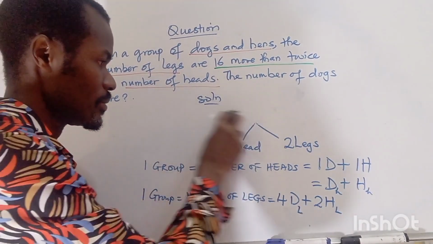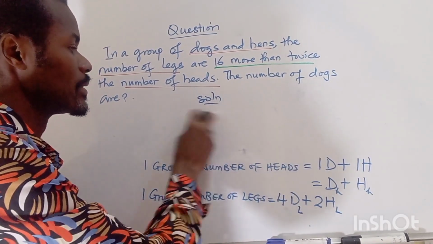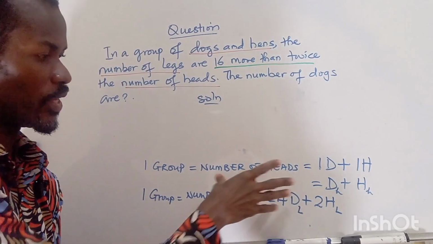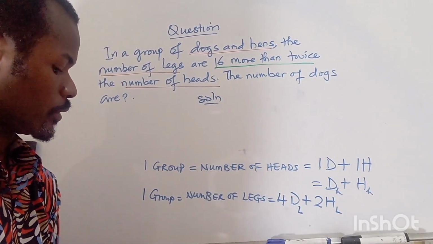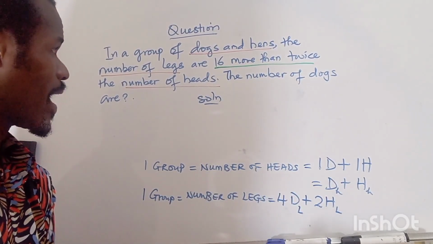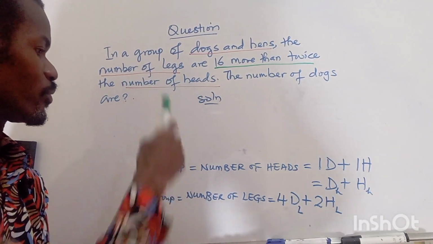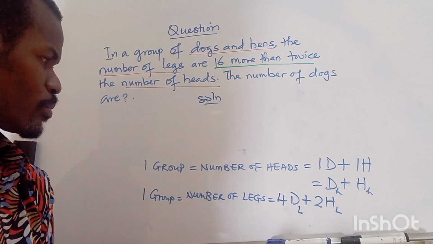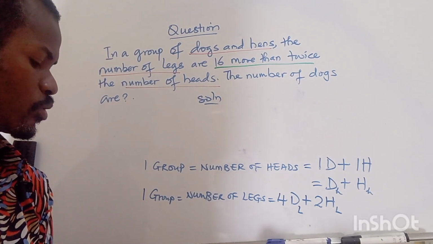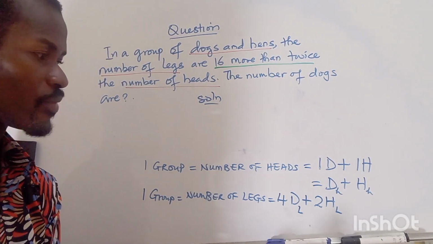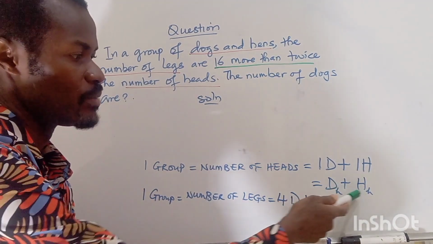Let's interpret that and put it to what we have here on the board. Twice the number of heads means we have to multiply this by 2.